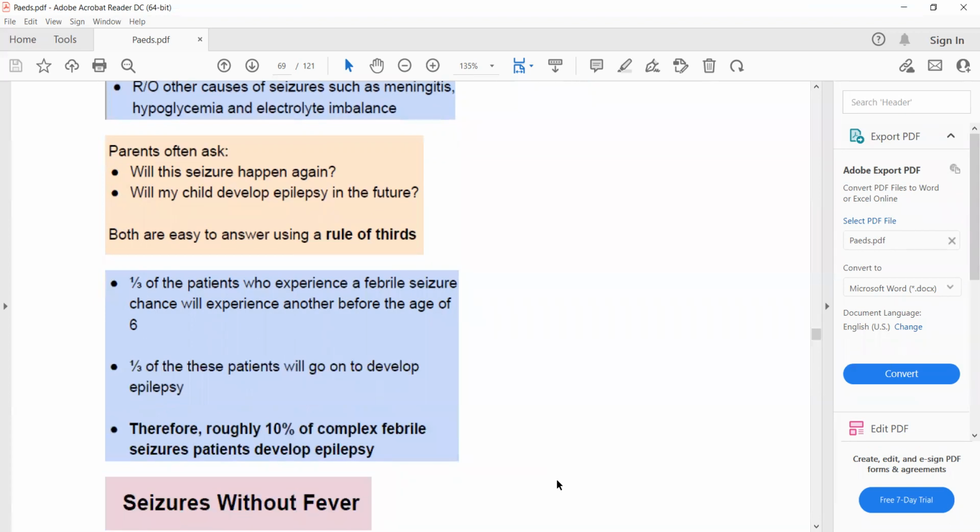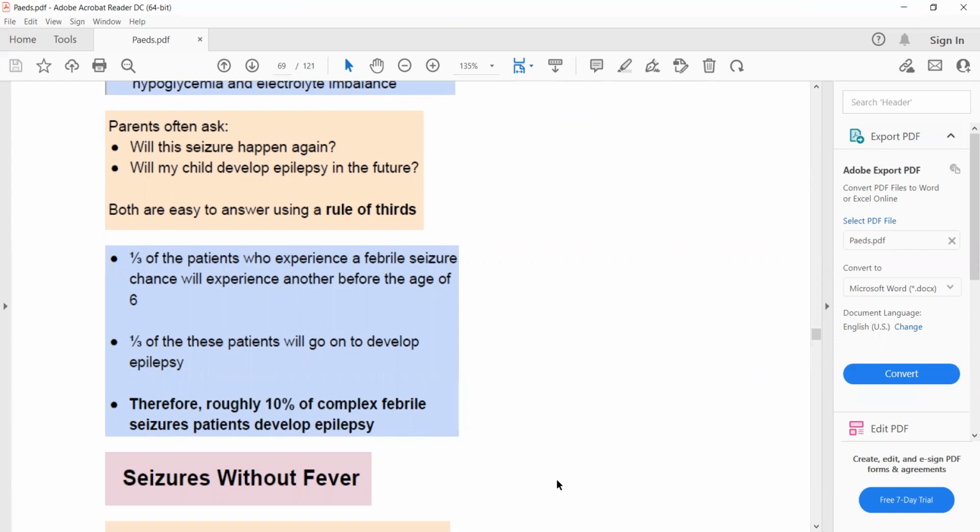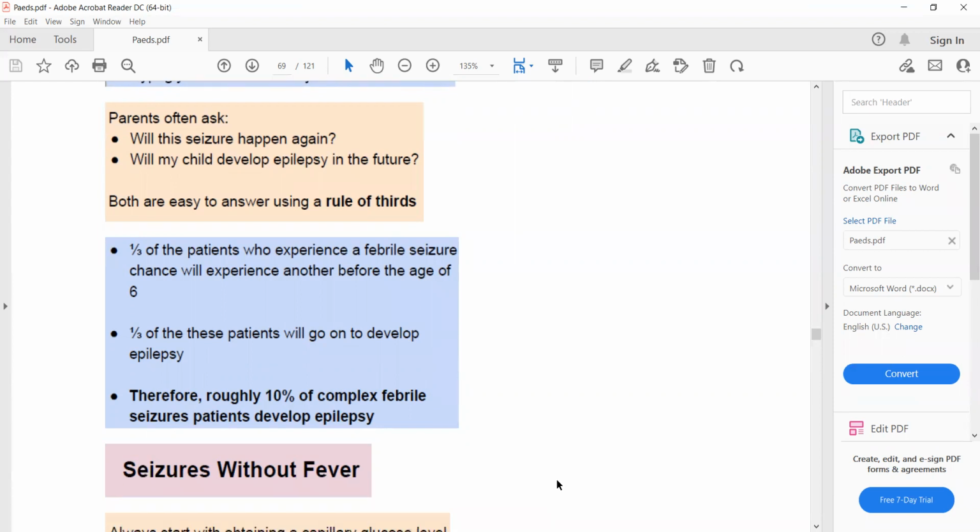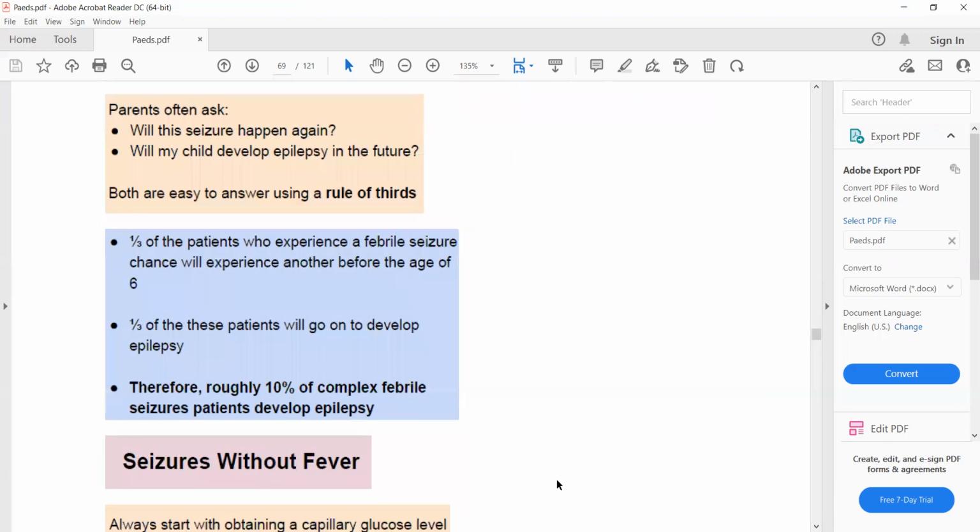Remember that 1/3 of the patients who experience a febrile seizure will experience another before the age of 6 years, and 1/3 of these patients will go on to develop epilepsy. So roughly 10% of complex febrile seizure patients develop epilepsy.